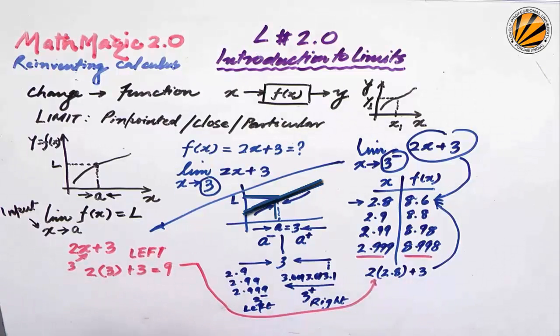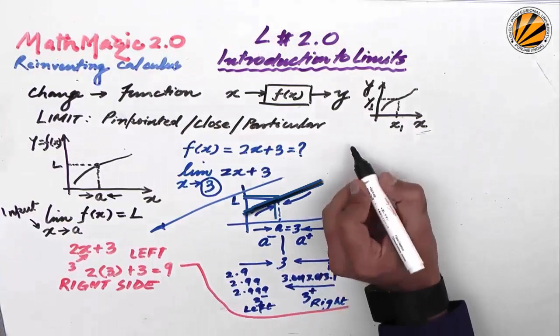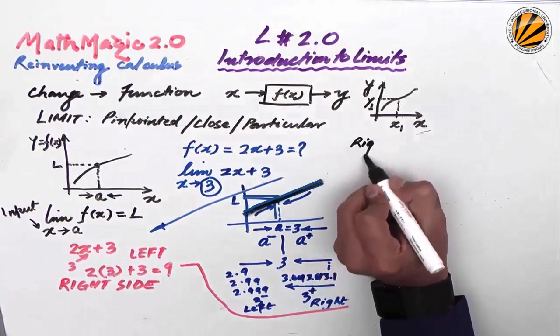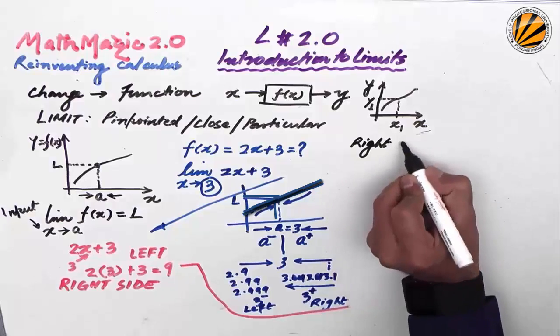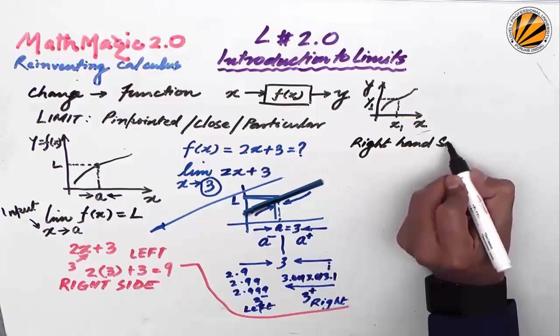Now the similar can be seen from the right hand side. We have already seen the left hand side, and now we are going to approach from the right hand side.